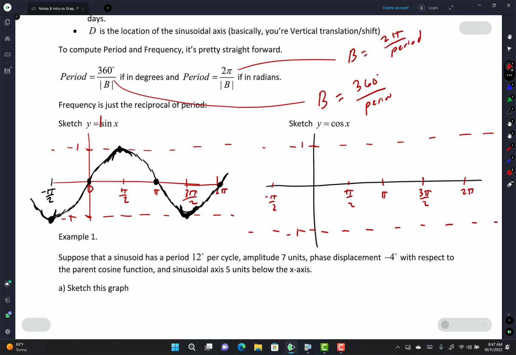Okay, you guys ready? Cosine of 0. Cosine of 0 is not 0. It's 1. So go to 0, put a point at 1.